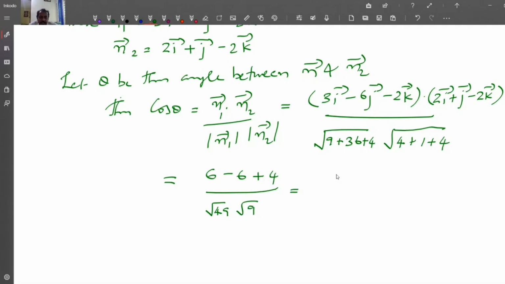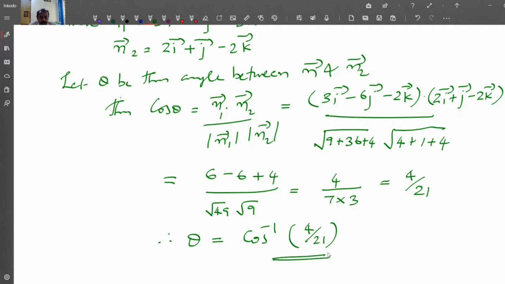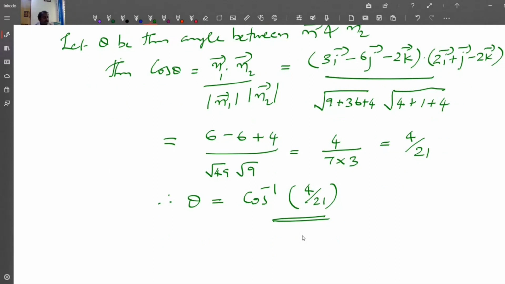So this is 4 divided by 7 into 3, so this is 4 by 21. Therefore, the angle between the planes theta is equal to cos inverse 4 by 21. So it is about 79 degrees and 1.38 radians.